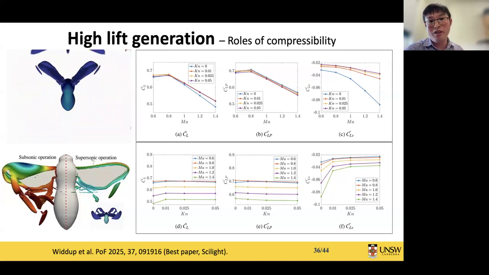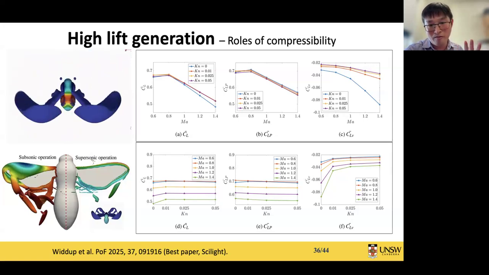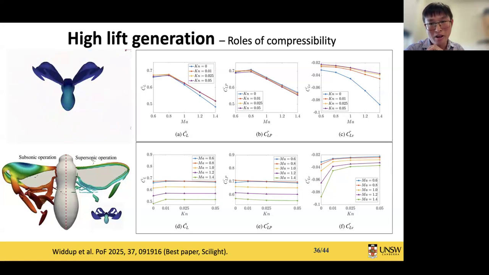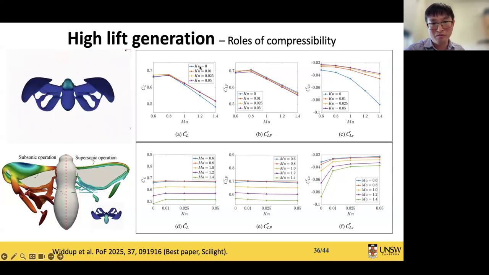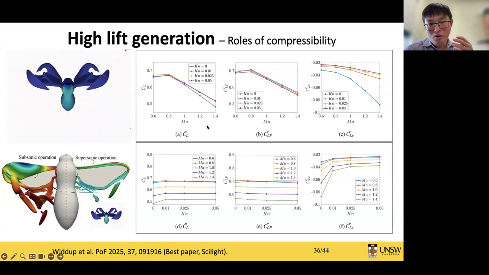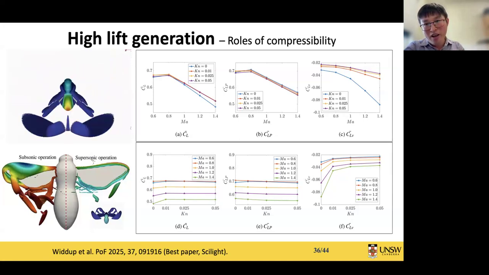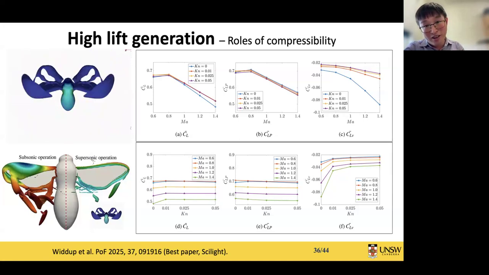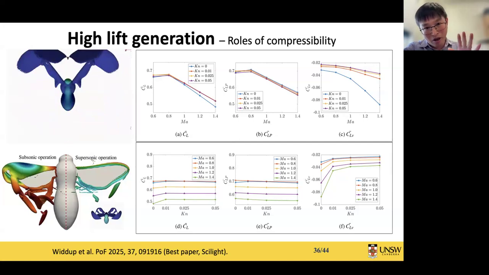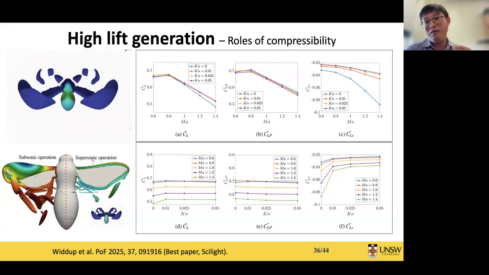Beyond that, we also introduce the slip velocity due to rarefaction, which is measured by the Knudsen number here. Rarefaction decreases the lift contribution a little bit to the flapping wing.